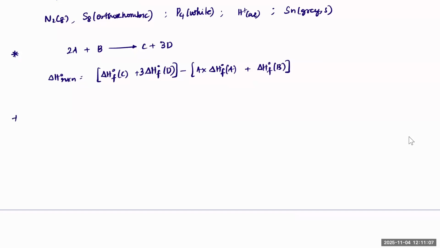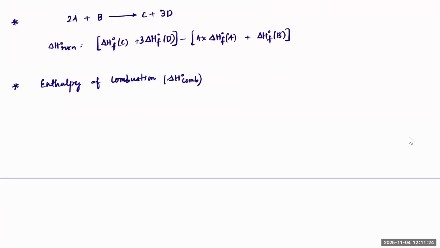Next, the term you need to remember from here is enthalpy of combustion. Normally we write this as delta H naught of combustion. This is how we write it down. Basically, it is the heat released when any compound is burned in excess or sufficient oxygen to form carbon dioxide, meaning it gets completely oxidized, and water.